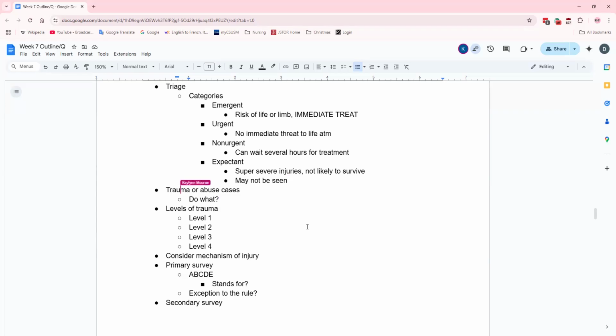I brought this one up just because it was something I didn't really think about, if I'm being honest. If you have a patient that comes in with trauma or some kind of abuse, maybe physical or sexual abuse, what are some things we are going to do or not do for these patients?